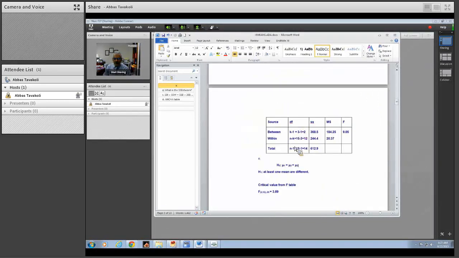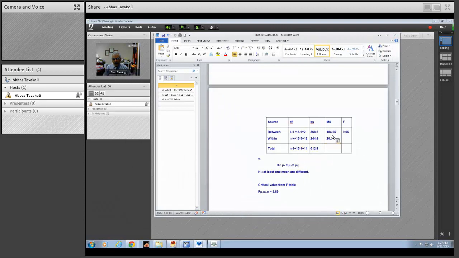Now to create your ANOVA table, you have your between, within, total, degrees of freedom, sum of squares, mean square, and F. The degrees of freedom are k minus 1, so 3 groups minus 1 is 2; n minus k, 15 minus 3, because you have 5 in each group, 15 total, minus 3 is 12; and n minus 1 for total, which is 14.